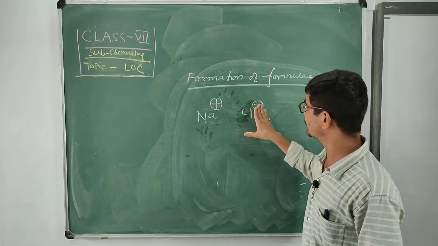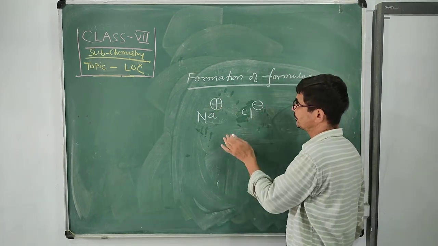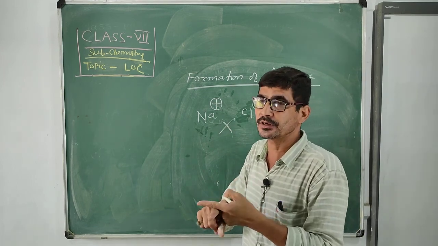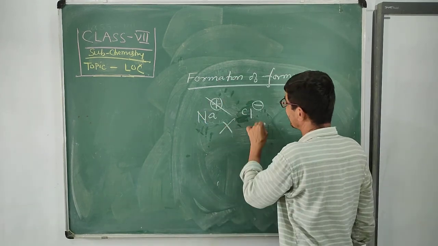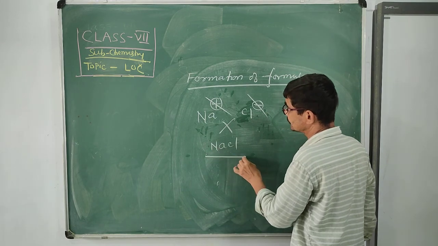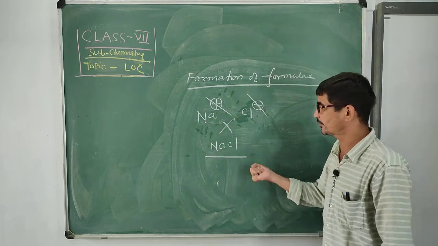So charges are opposite but equal in number. In case of equal opposite charge, both charges cancel each other. So we will get NaCl. This is the formula of sodium chloride.